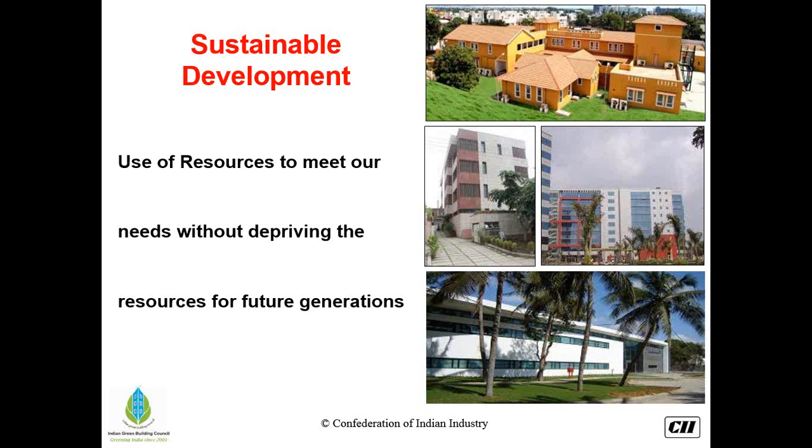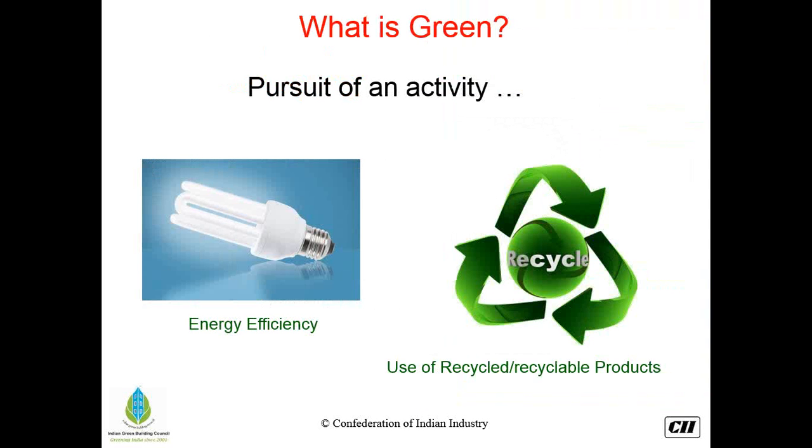So sustainable development is nothing but we are looking at resources which we can conserve and which can be kept for the future generations. What is green? Green is just not a color anymore. Now we are seeing green from a different perspective. It's a pursuit in whatever we do in our daily activities, like the energy we consume, the water we consume, whatever materials we use, how we are going to use them effectively.